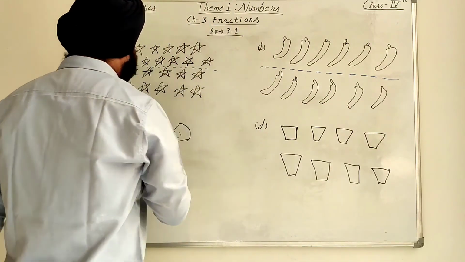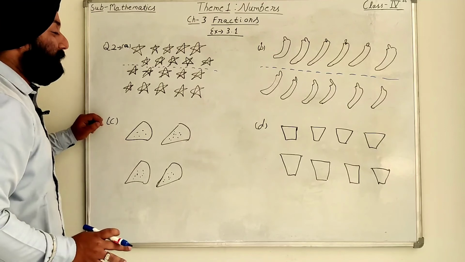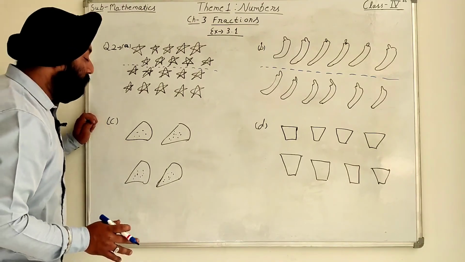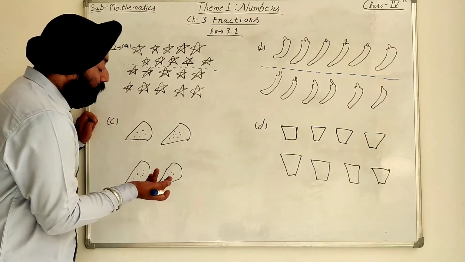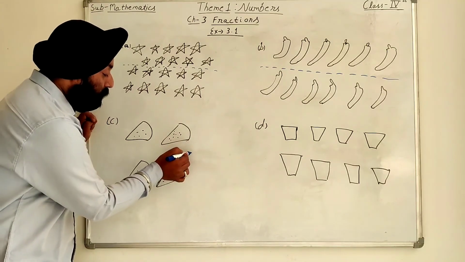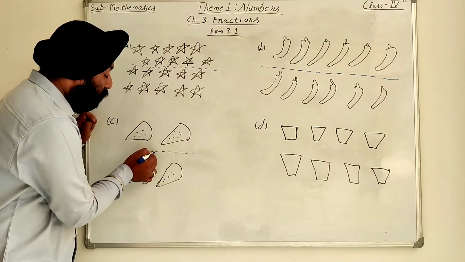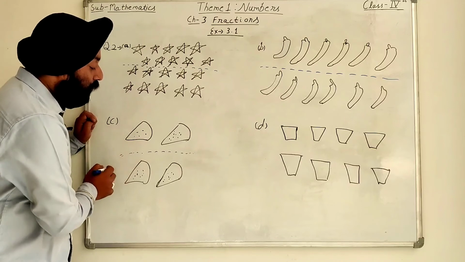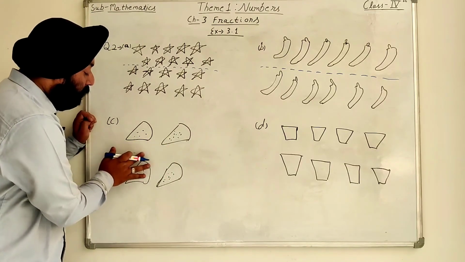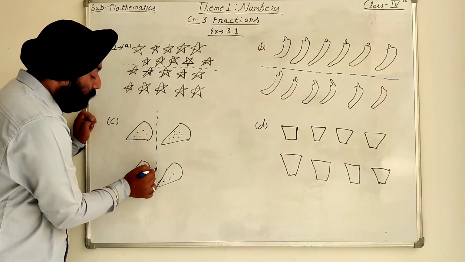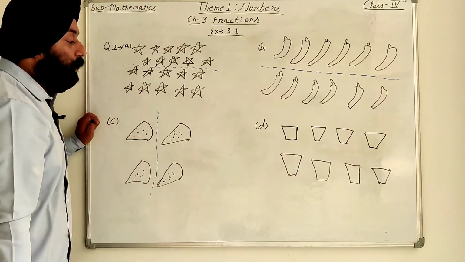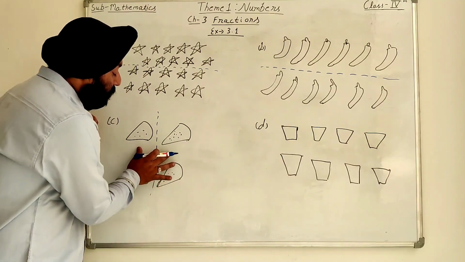Now this is pizza, friends. Like I said, my drawing is not good. We have to divide it into two equal parts. So what can we do? We can draw either this line or this. In both the lines, we are dividing the pizza equally.